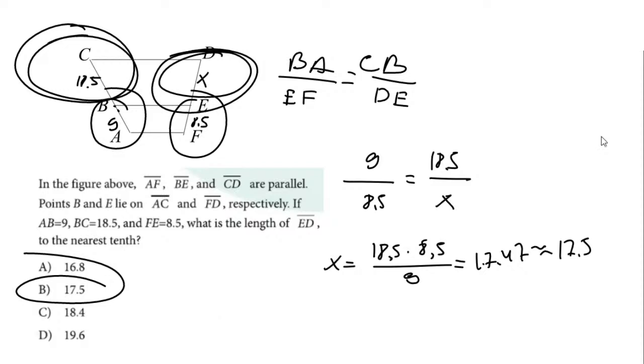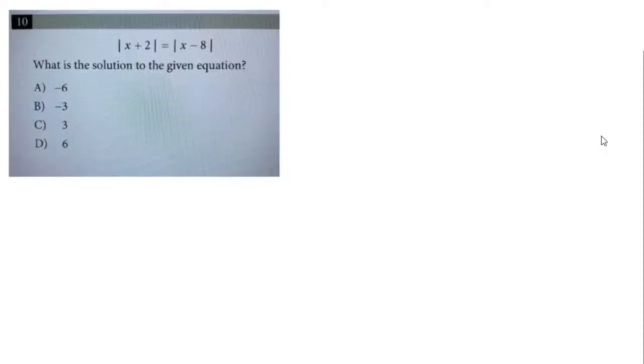Okay, if you have any questions, let's go. The 10th question, it's not the 10th for today, but wherever. So we have two modules, like an equation with absolute values. There are several ways to solve it, but what I advise here is just checking answers because that might be easier.